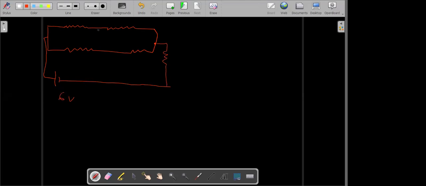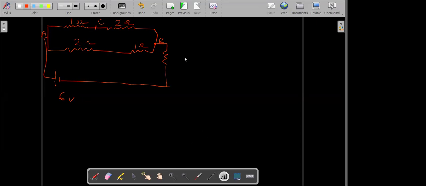This is 6 volt, 1 ohm, 2 ohm. Here you get 2 ohm and 1 ohm. This is point A, B of the circuit, and this is point C. All right. So what all you have to find out here?